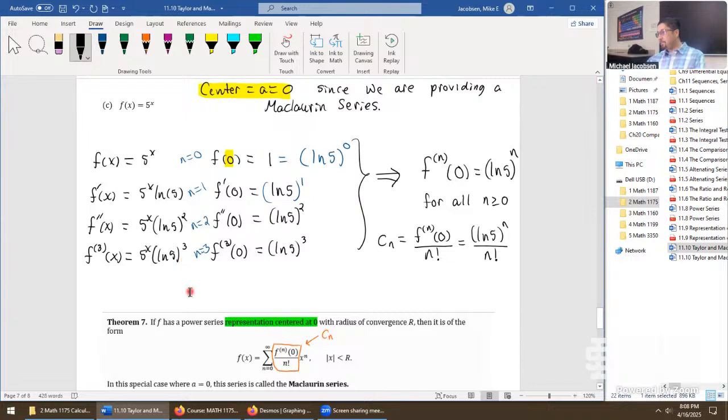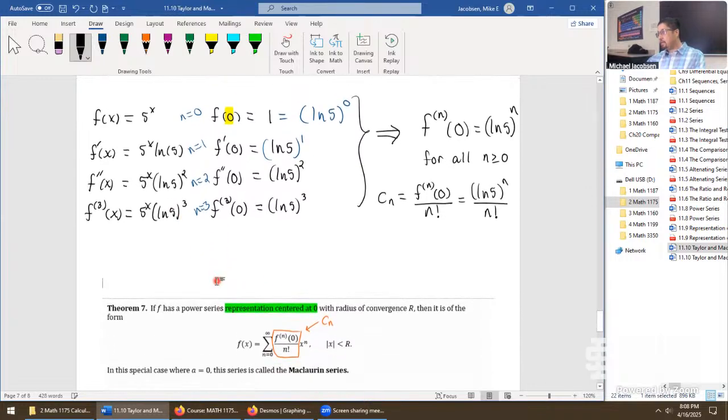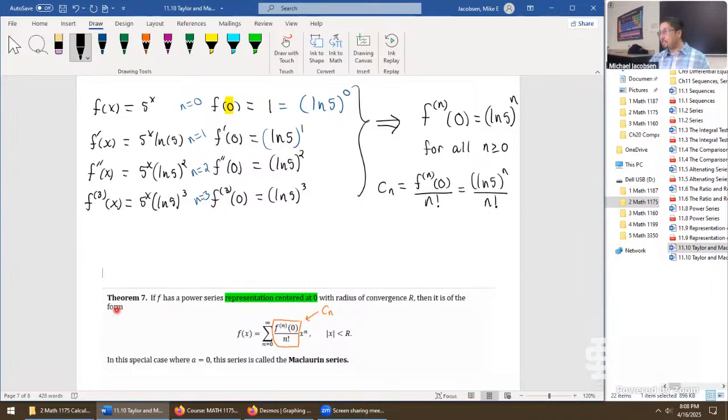Okay, so here's our next step then. With theorem 7 in view, we'll say that 5 power of x, the original function we want to work with, is now a sum from 0 to infinity of all that stuff, just gets imported in, natural log 5 power of n, divided by n factorial, and then take whatever you have, x minus the center to the power of n, which is always a weird thing to say with the Maclaurin series, but we're about to do the Taylor series, so that's the right thought to have every time.